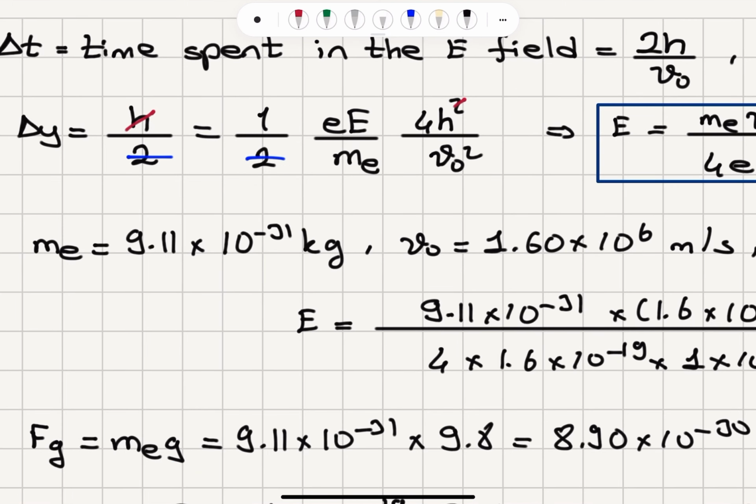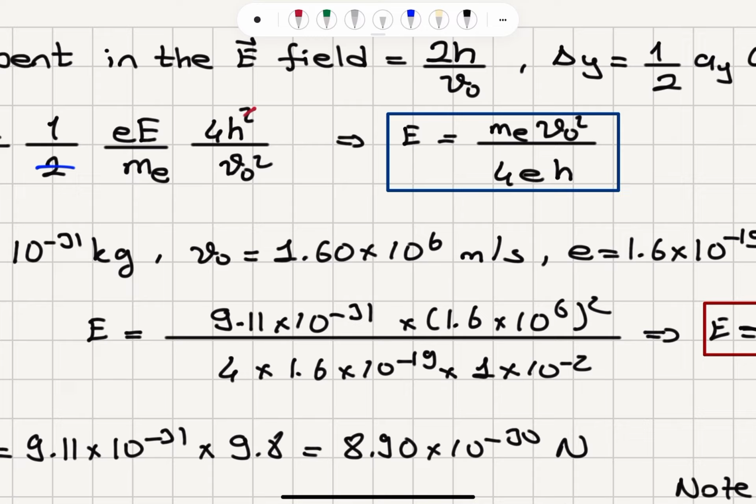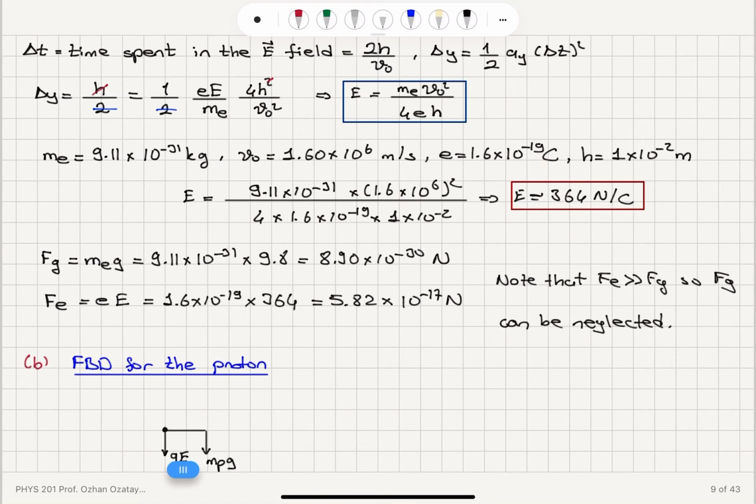So h over 2, the distance I travel, is 1/2 times the acceleration, electric field multiplied by electron charge divided by mass, multiplied by delta t squared, 4h squared over v0 squared. We find the electric field is m v0 squared divided by 4eh. And we can substitute the numbers to find 364 newtons per coulomb.